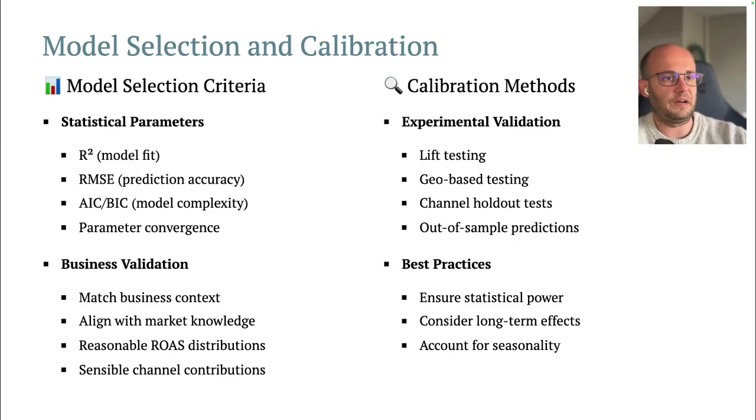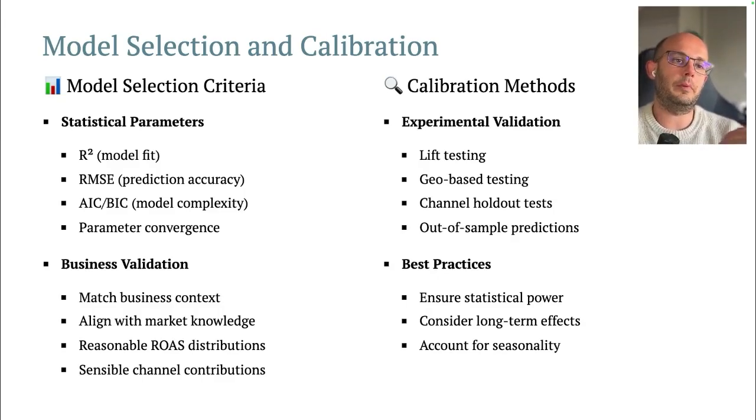Or lift analysis to understand how much lift a channel is giving you. Or the simplest is a channel holdout test, where you attempt to shut down an entire channel and see how much your sales go down or not. Most of the time, you're not shutting down an entire channel. No marketing manager will allow an analytics manager to do that.